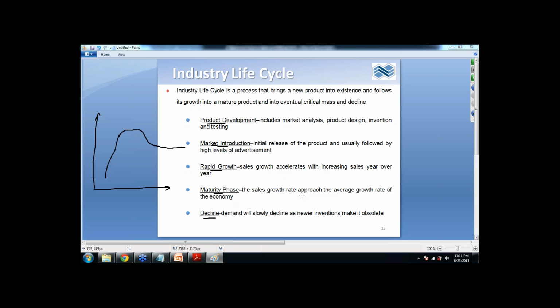Otherwise what happens, you become extinct. You'll have stable sales for some time and slowly it starts declining, and then finally your company will close down. But if you want to continue to be in the business, once you reach the maturity phase, you start exploring new things that you can introduce, and then you will always stay up in the business.